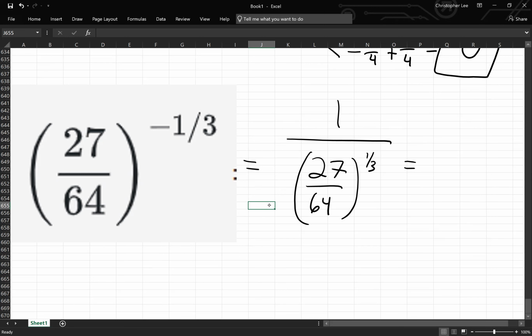The third one. 1 over 3. So what does that become? What's 27 to the 1/3 power? What's that? Three over 4. Okay, very good.